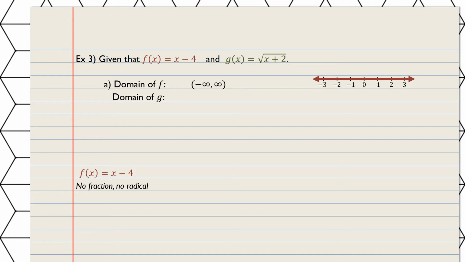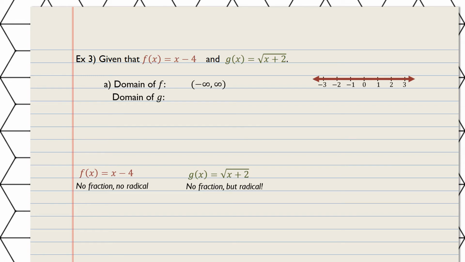Next, let's look at the domain of g. Well, the g function is the square root of x plus 2. Now remember our two key issues. Do we have a fraction? No. But do we have a radical? Yes. Since we have a radical, we have to remember the approach.